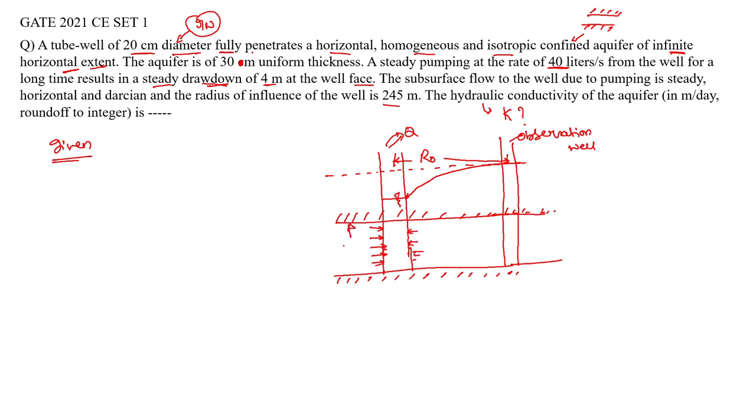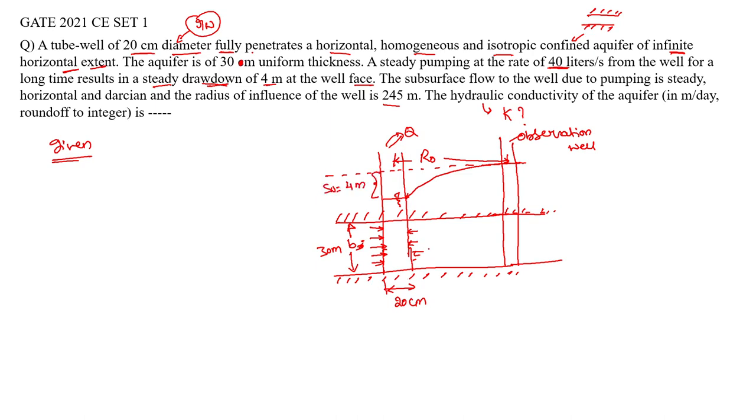This will be B, which is nothing but 30 meters. The well diameter is 20 centimeter, and they have also given 4 meter as SW.